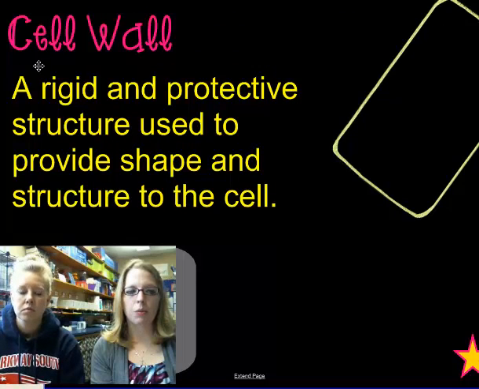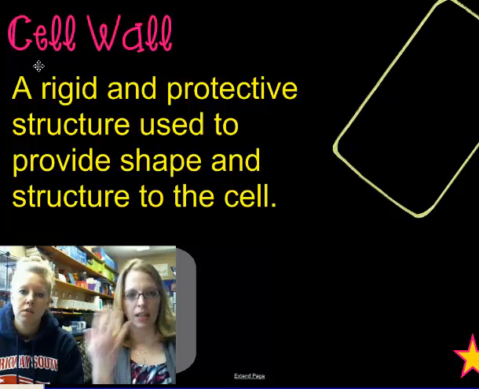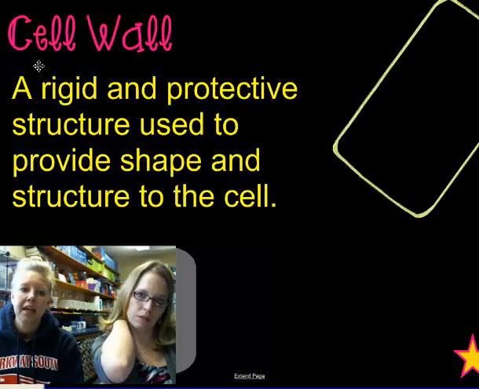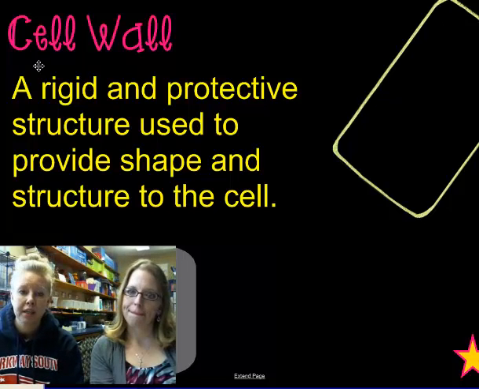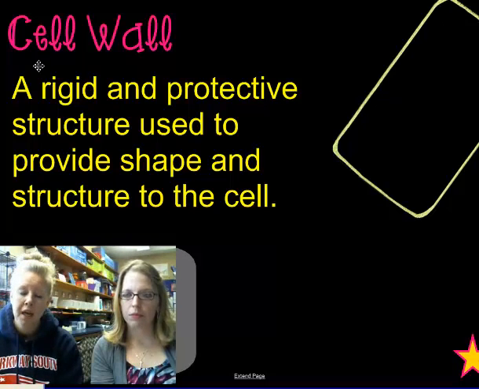A cell wall is the rigid and protective structure used to provide shape and structure to the cell. So if you notice, the plant cell is a very nice brick shape. It's very defined, and most plant cells will have that very similar shape. Animal cells, on the other hand, do not. They're very blob-like. They're different sizes, different circular shapes, and that's because they don't have a cell wall, so they have a little bit more freedom in their shape there.